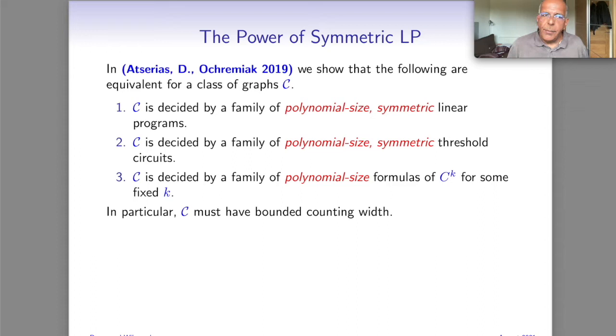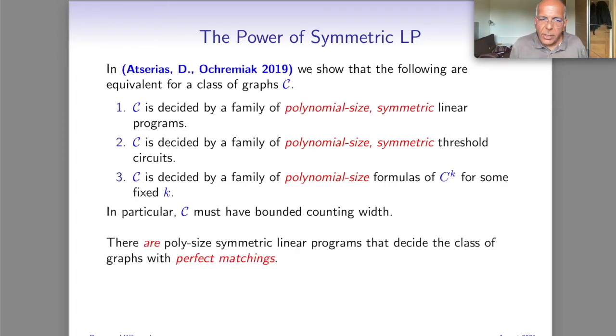But in particular, a consequence of this is if a class is decided by a family of polynomial size symmetric linear programs, then it must have bounded counting width. And from this, it follows that there are, in fact, polynomial size symmetric linear programs that decide the class of graphs with perfect matching, right?